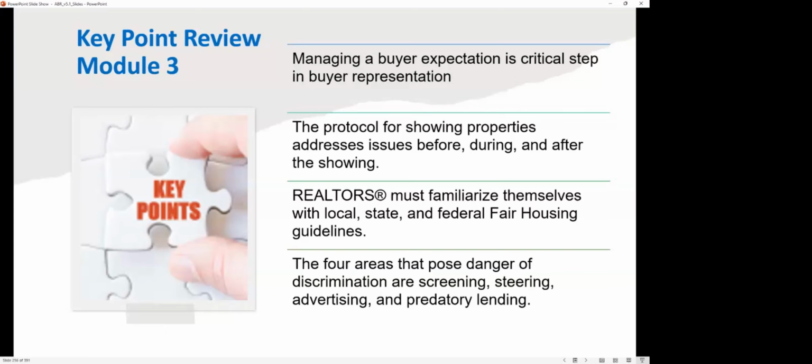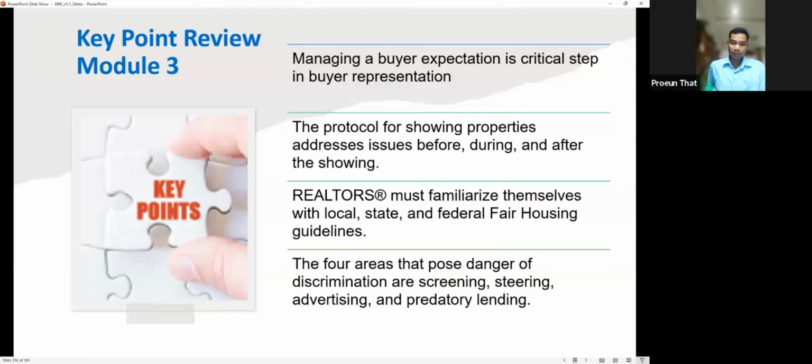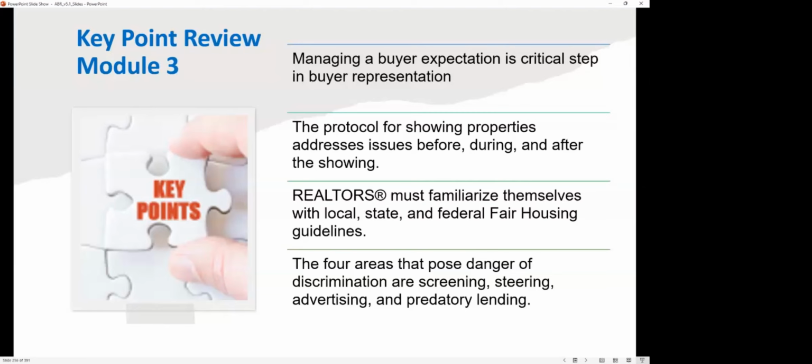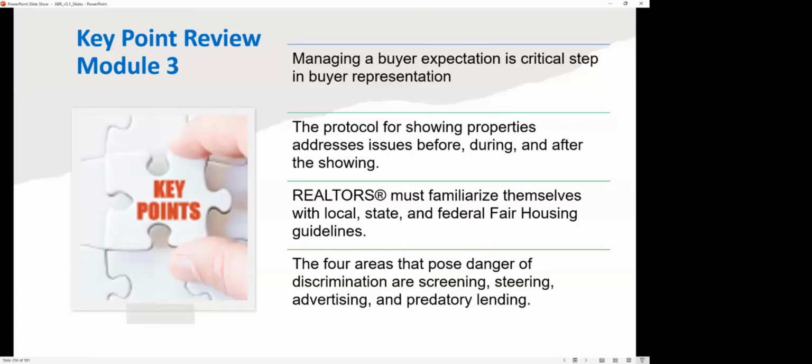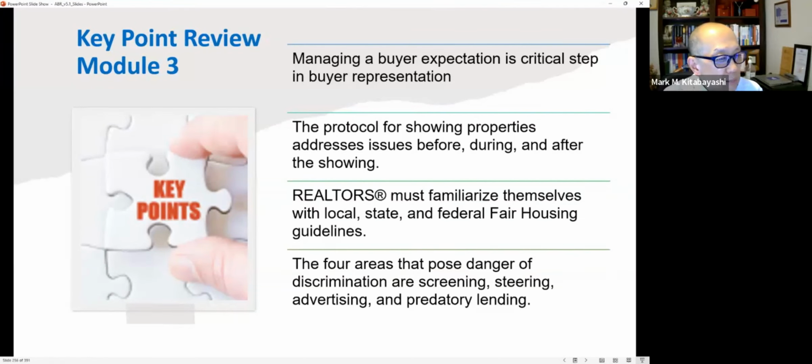In Cambodia, we don't have a discrimination law. Not yet. Maybe in the future we will. But we'll see. A lot of countries don't have a lot of discrimination law because, remember, the United States was created as an immigrant country.